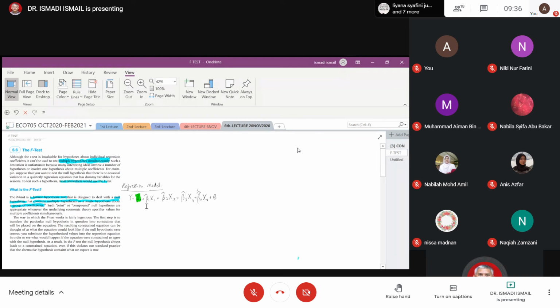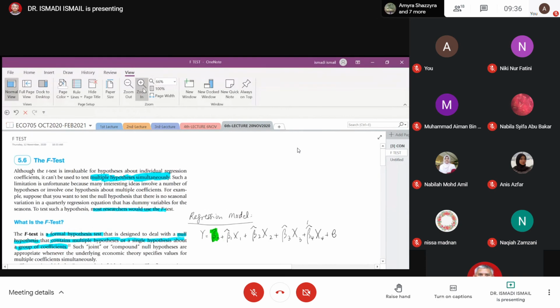Okay, now F test. You can refer to page 160. Here's section 5.6.